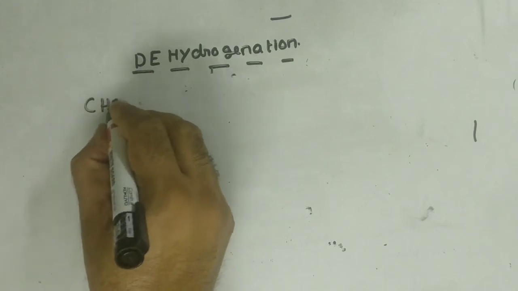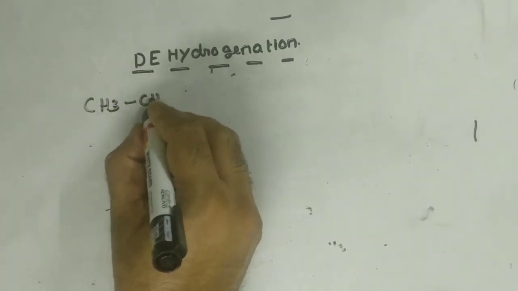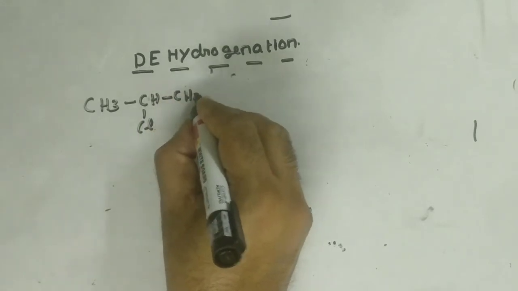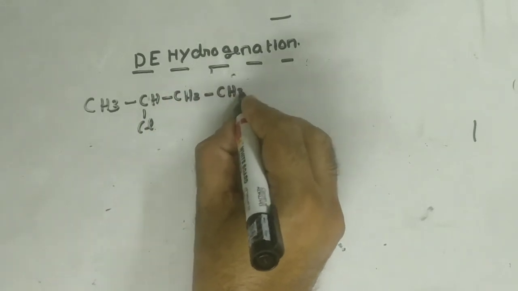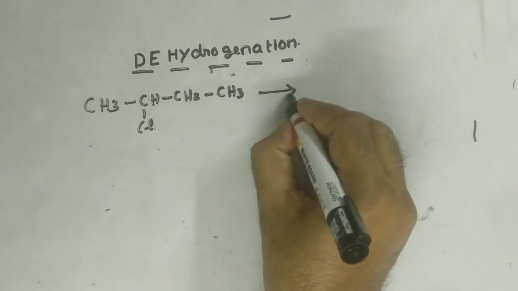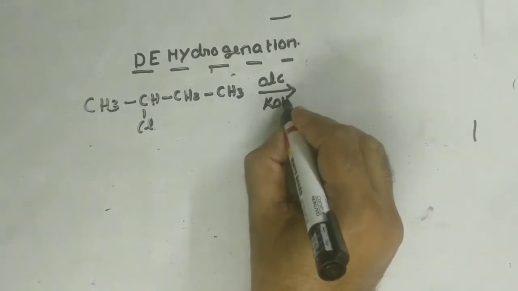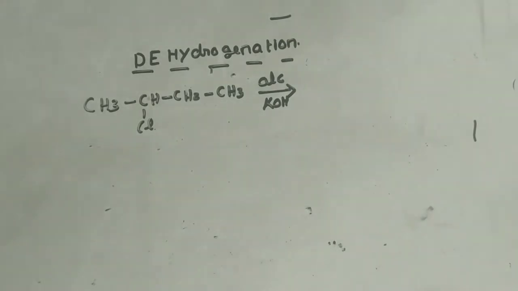Suppose we have 2-chlorobutane. I react it with none other than alcoholic KOH. When you react 2-chlorobutane with alcoholic KOH, from one carbon the halogen will go.